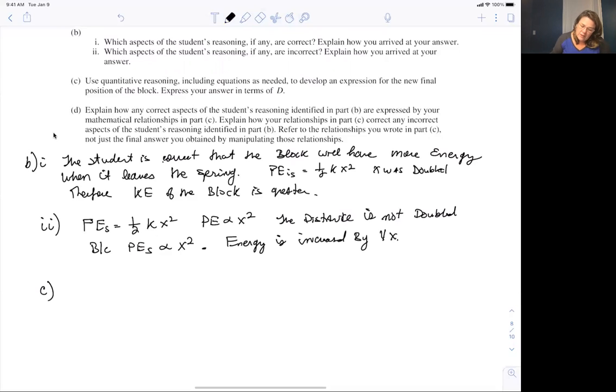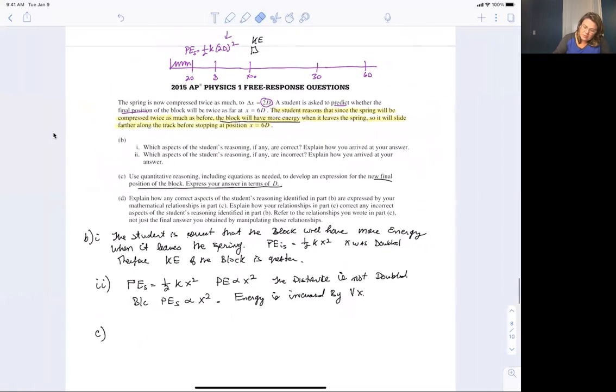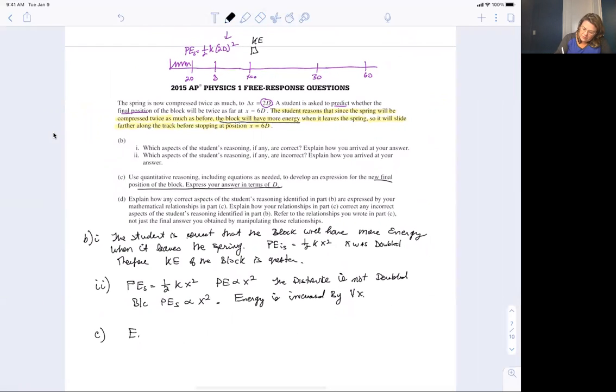C, we have to come up with an expression for a new final position of the block in terms of D. This is a factor of change problem. We know that initial energy, let's actually draw the picture. We have drawn the picture up top, you can see it. We know that initial energy of the system has to equal final because it's conserved.